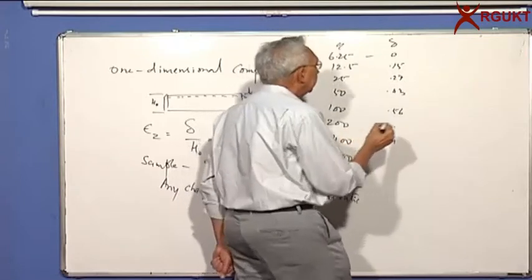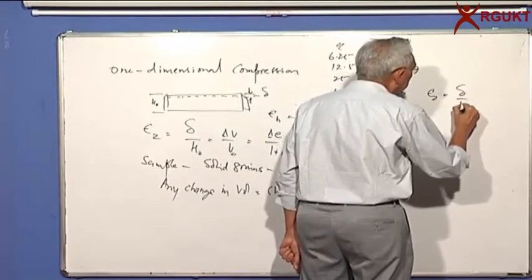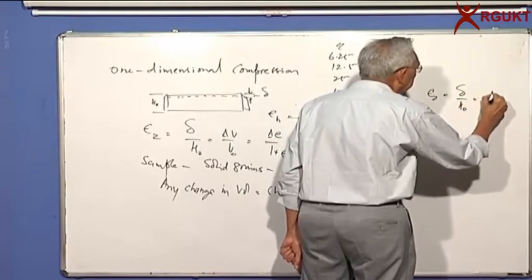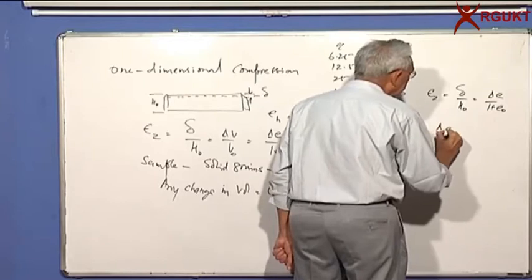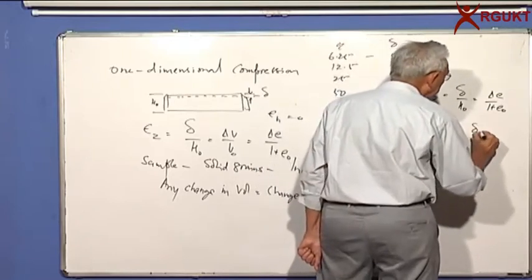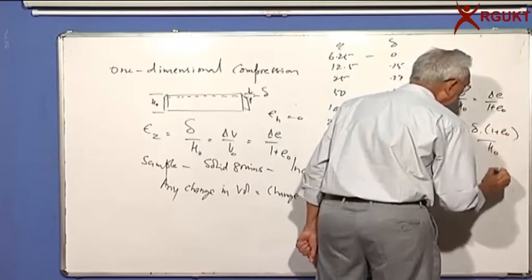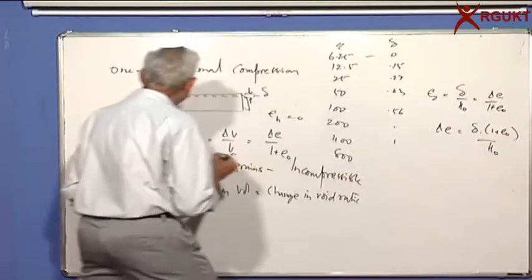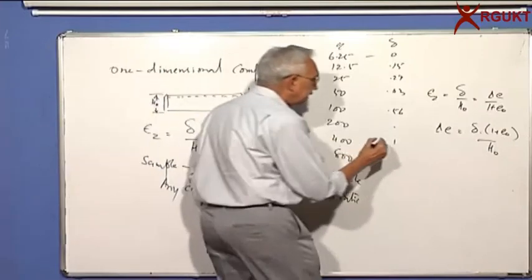You can calculate strain is equal to delta by H naught is equal to delta e by 1 plus e naught, which means the change in void ratio is equal to delta into 1 plus e naught by H naught. What is H naught? It is the initial thickness of the sample, and e naught is the initial void ratio.